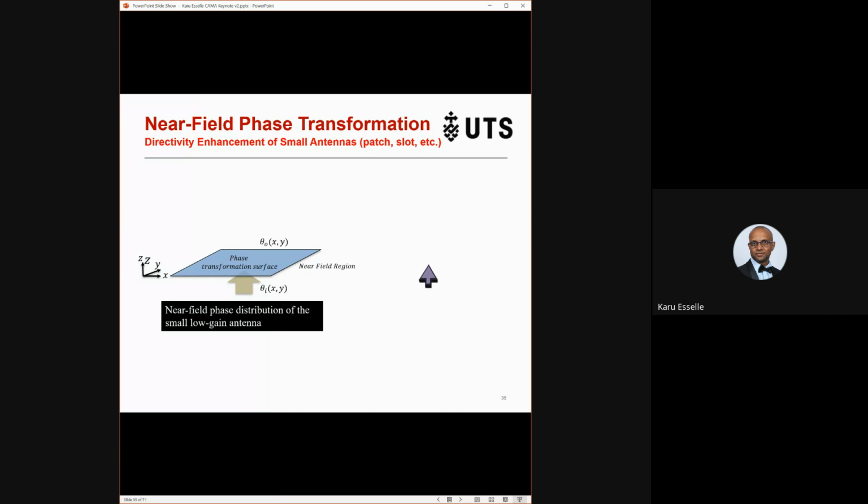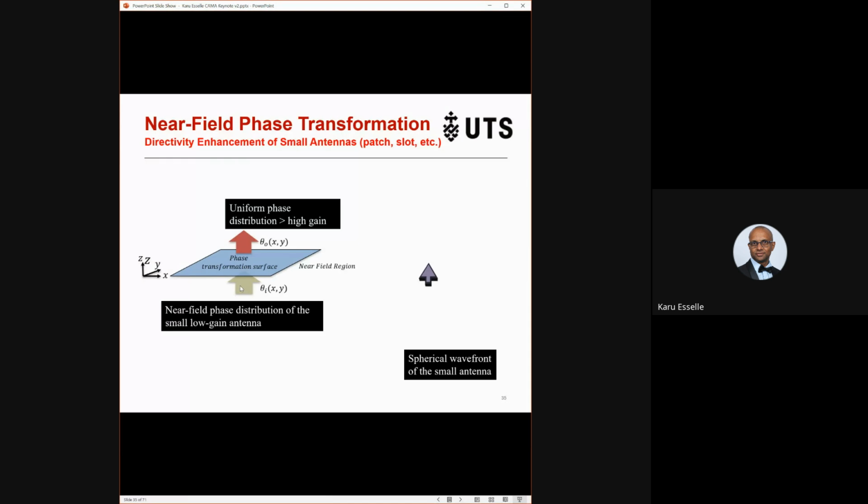So you can do the same thing to increase the directivity of a small antenna. There are a lot of articles about directivity enhancement of small antennas, right? Directivity enhancement of small antennas, like a patch antenna, slot antenna, any antenna.